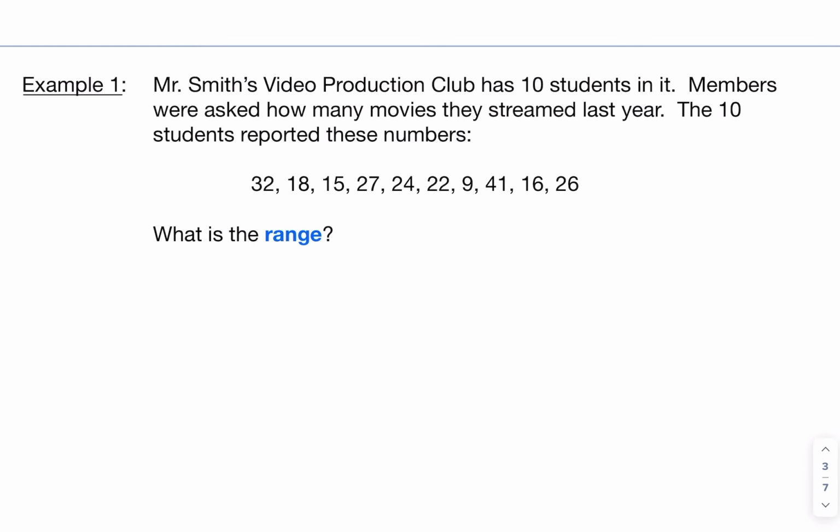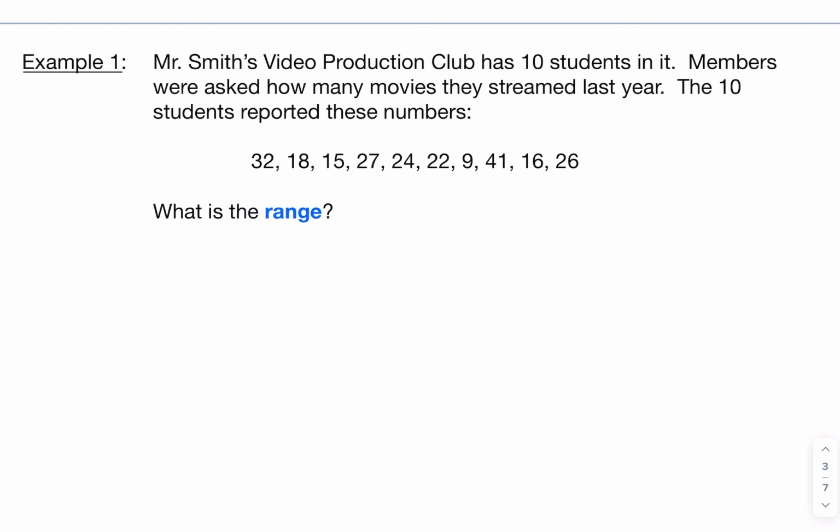Okay, so let's go ahead and take a look at this particular example. Mr. Smith's video production club has 10 students in it, and members were asked how many movies each of them streamed last year. The 10 students reported the following numbers.